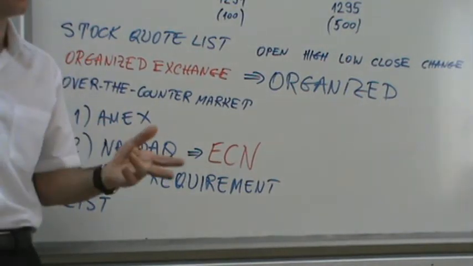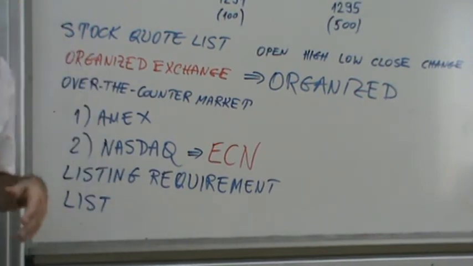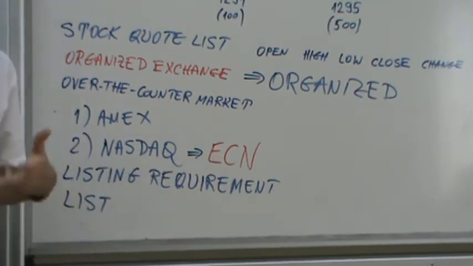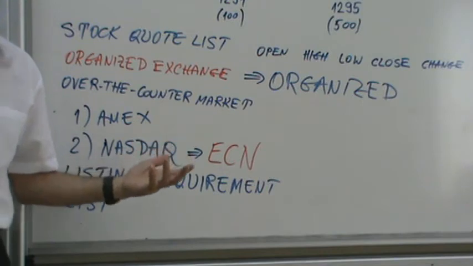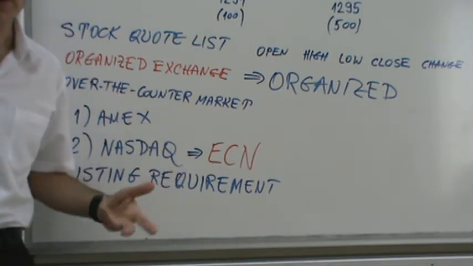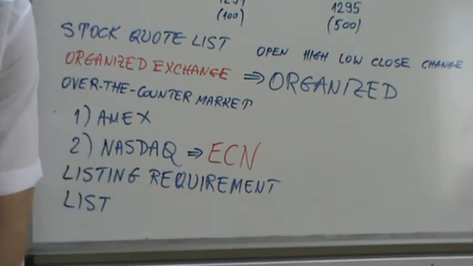So, if you have your little company and you want to trade on the exchange, there will be certain requirements. You may have to have so many employees, so many years of history, so much revenue, and all the other stuff.